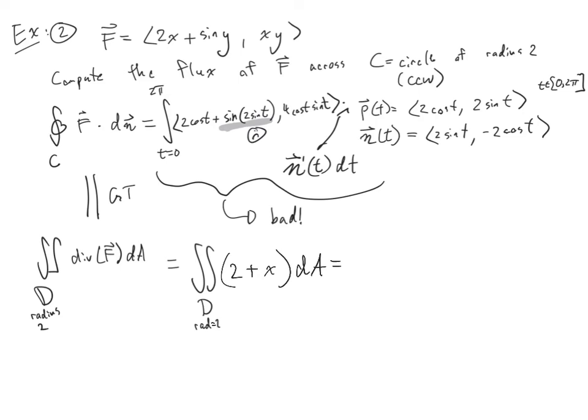And now at this point, I would say maybe we could convert to polar coordinates, perhaps, to make this integral easier. So the disk of radius 2, r goes from 0 to 2, theta goes from 0 to 2 pi. 2 plus x becomes 2 plus r cosine theta.